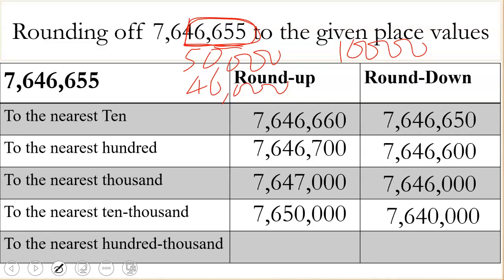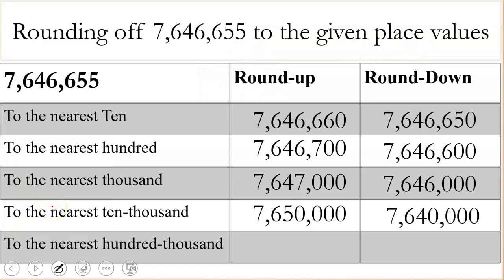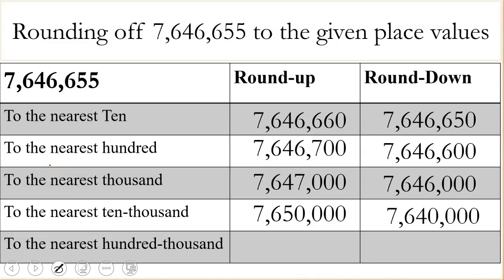Okay, then the final one, what do we say? Okay, so again, we're talking about 100,000s, and our 100,000s comes from here. Okay, so let me raise this. So our 100,000 comes from here.